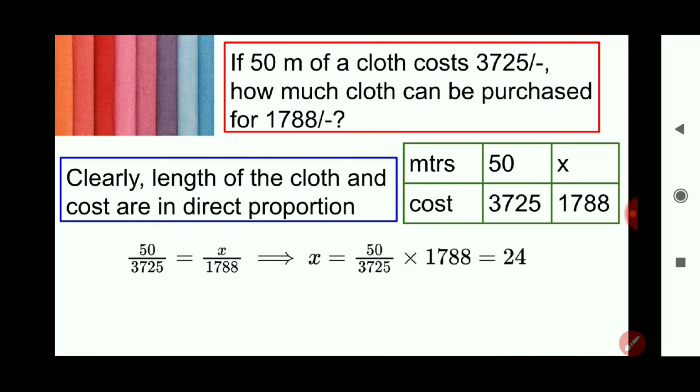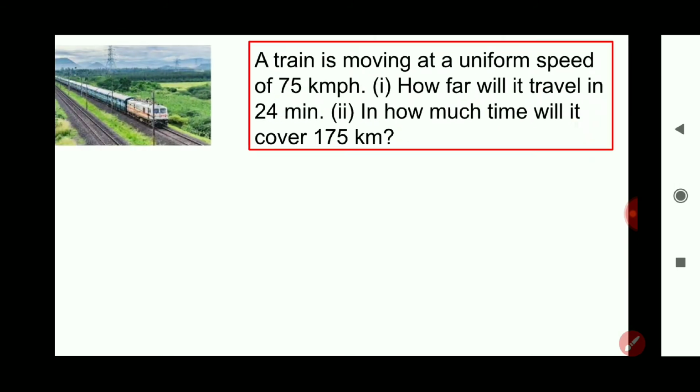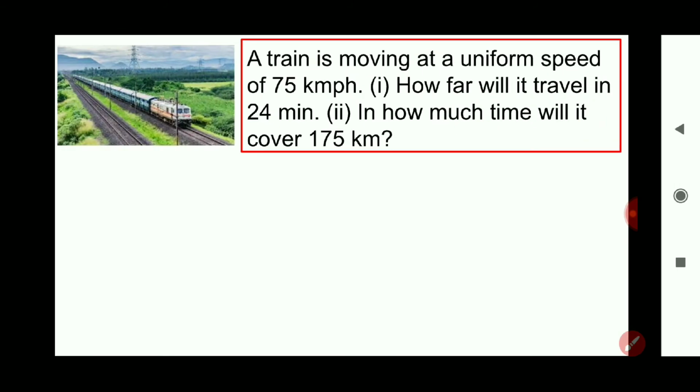Because it is direct proportion, 50 by 3,725 is equal to x by 1,788. Hence, x is equal to 50 by 3,725 into 1,788. That is 24. Hence, required cloth is 24 meters. That's all. One more question. A train is moving at a uniform speed of 75 kmph.